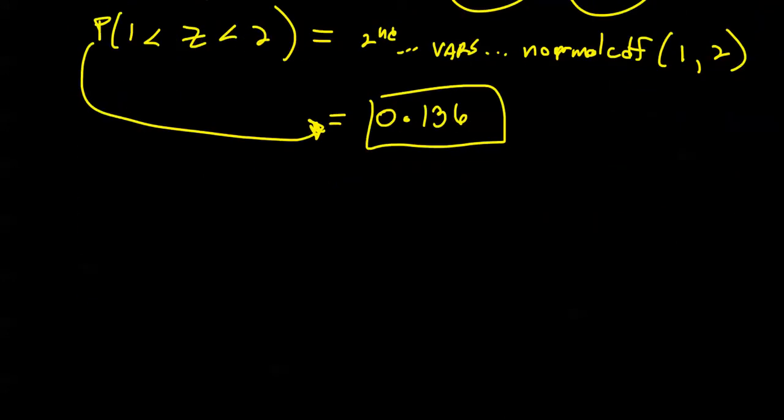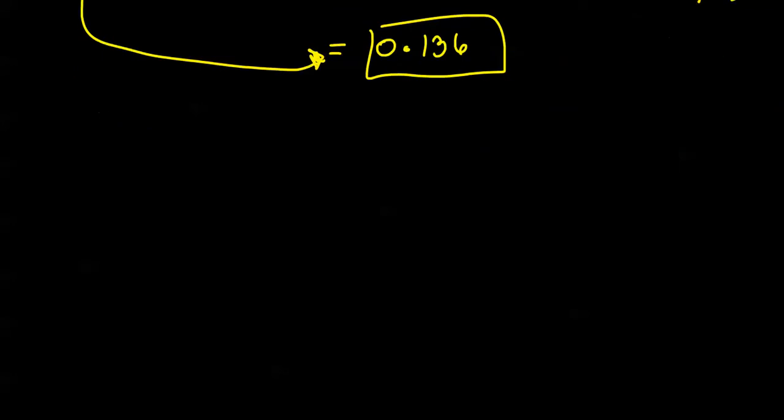Alright, what we're doing here is we are given z-scores and we are asked to find the probability of being between those two z-scores. Let me do another quick example. Again, same experiment with the thermometers.